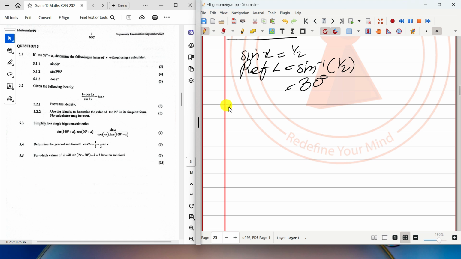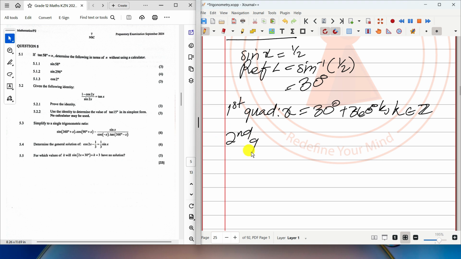So, where is sine positive? As you can see, sine x is equal to positive half. Sine is positive in the first quadrant. In the first quadrant, we work with the reference angle plus 360 degrees K, where K is an element of the integers. Again, where is sine positive? It is positive in the second quadrant.